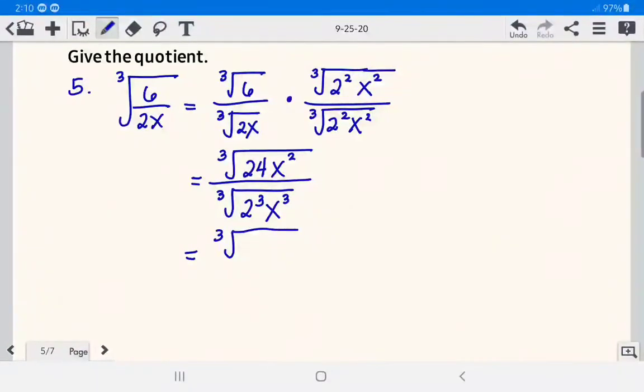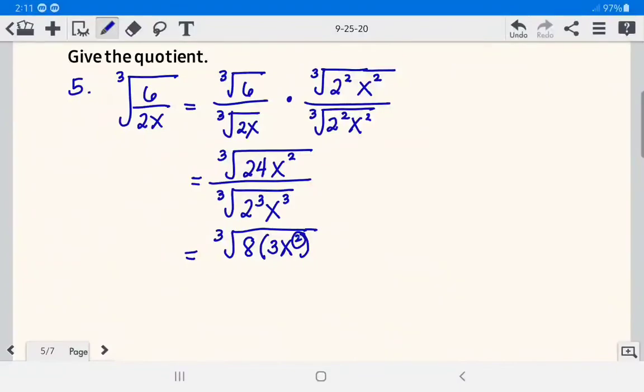Then, notice that 24x squared has a factor which is a perfect cube, which is 8. So, we have 8 times 3x squared.